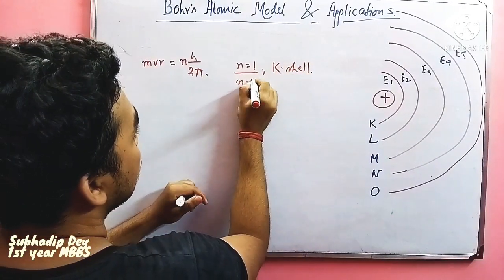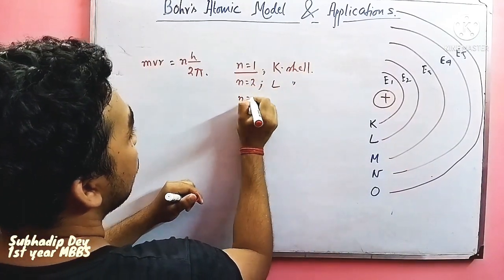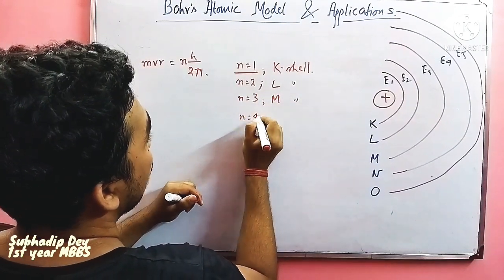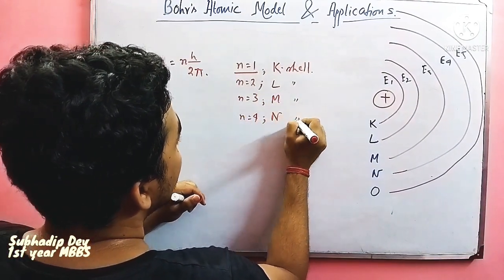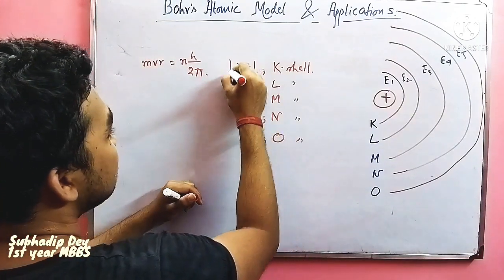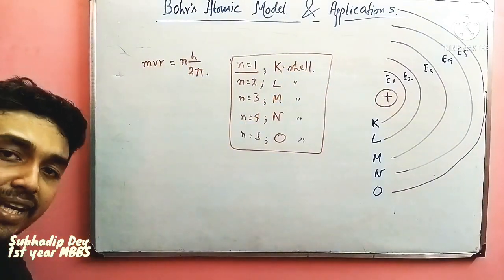For n equal to 2, we have L shell. n equal to 3 is M shell, n equal to 4 is N shell, and n equal to 5 is O shell. Just like that, the orbits are accordingly named.